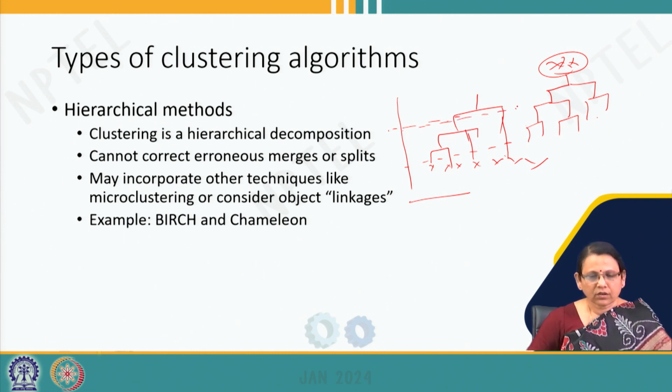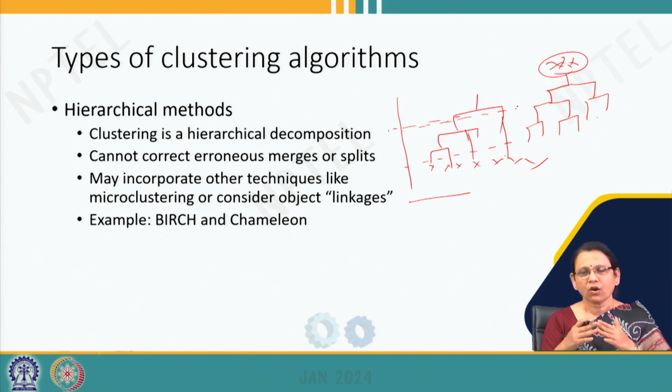So, you can either start with the entire group and keep on breaking, there are different approaches for doing that, or you can start from individual elements and keep on clubbing. So, you have to link the objects with each other, and what you just saw is called a dendrogram. But anyway, we are not going to talk about hierarchical methods, we will be focusing only on k-means at a later point.